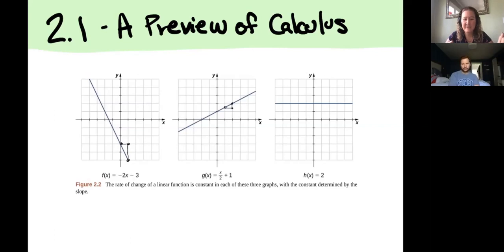Another way to think about it would be that if you go over by 2, then you go up by 1. Okay, so the rate of change is much slower, but it's a positive increase. Every time you move to the right 1, you move up 1/2. And then in the rightmost graph, every time you move to the right 1, well, you don't go up at all. You go up 0.